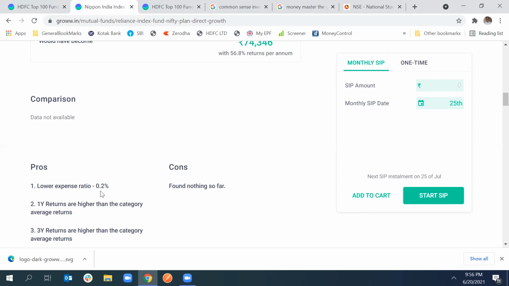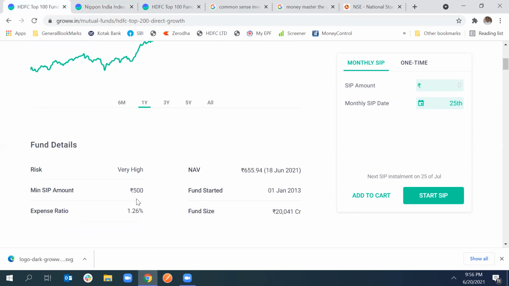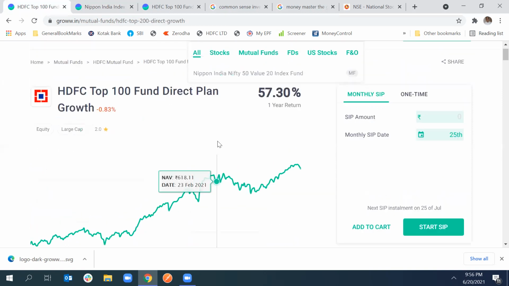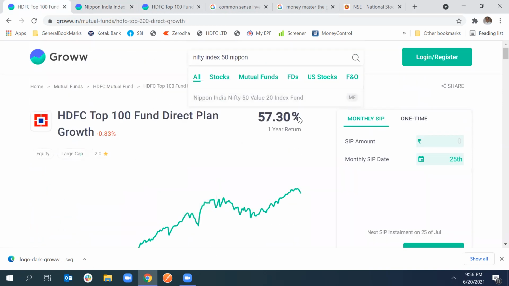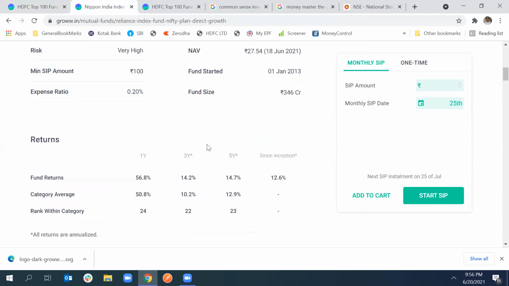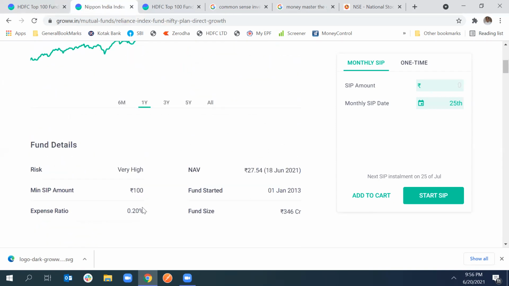In the sense, this is a lot cheaper compared to what is in the other fund. To get the same sort of return every year, you are paying 1.26 rupees there, but the same return is obtained by paying just 0.2%, 20 paisa.